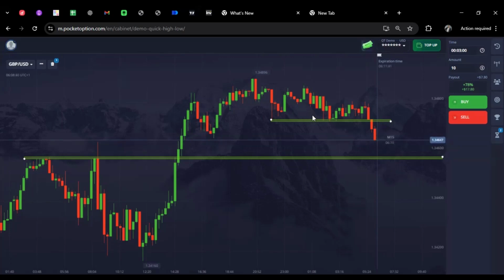This is a clear support and it broke. I expect it to come back here before dropping. So I can either wait for this or wait for this. These are two ideas I'm having right now on the chart. Is the market going to come back here? Perhaps over time. Now I have an underlow that has been broken. This is a low and the market broke it without anything. So I'm going to have that one as well.